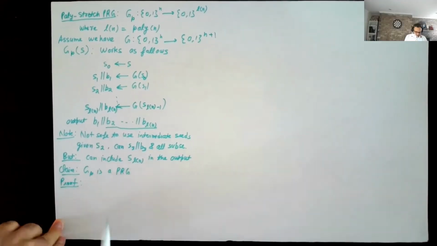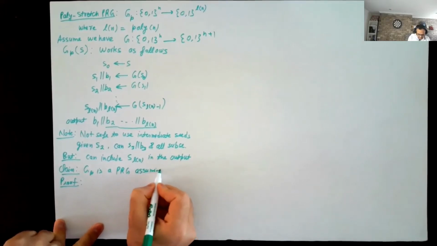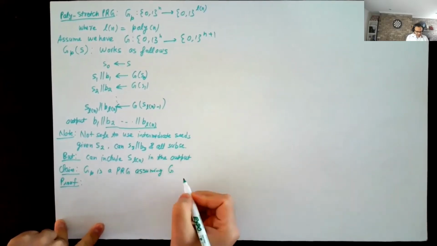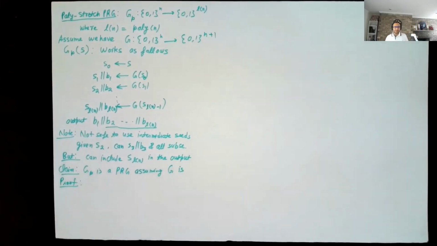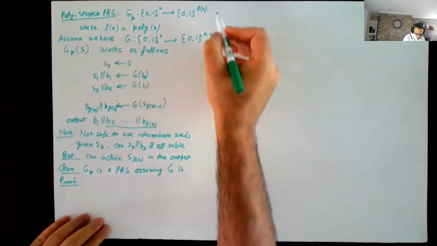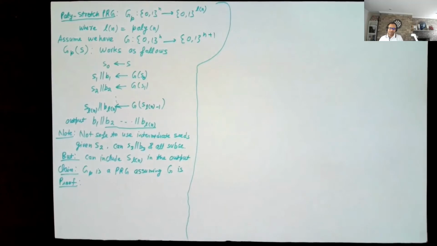So our claim will be that GP is a PRG, assuming G is. And how do we prove this claim? How do you start any proof? You start thinking about a hybrid argument.